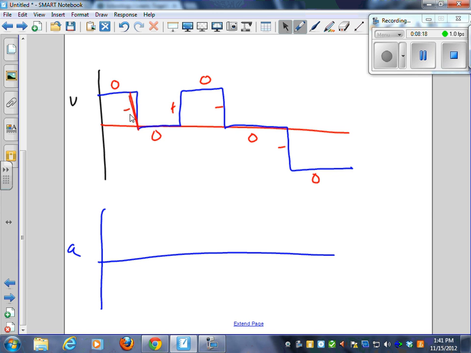Down, negative. Flat, 0. Up, positive. And then I graph those. 0, negative. 0, positive. 0, negative. 0, negative, 0. That looks funny.